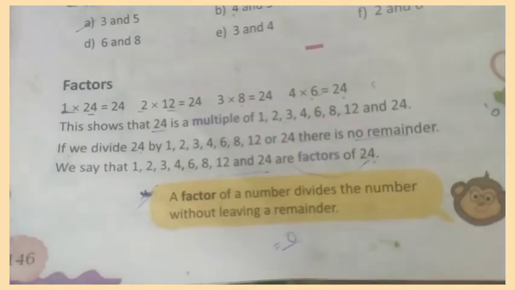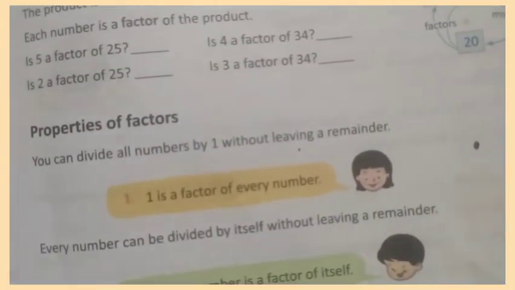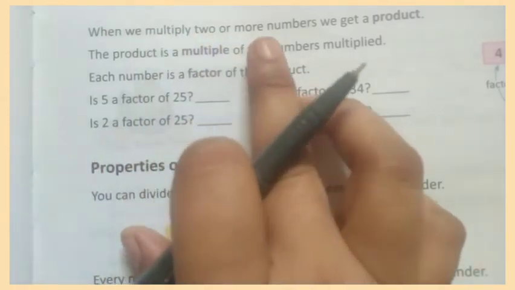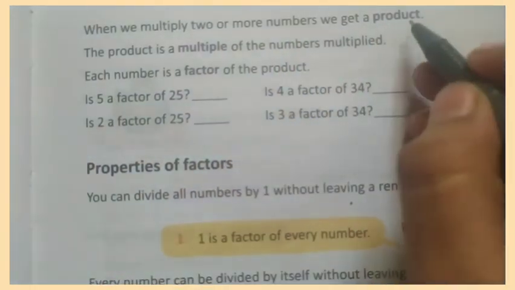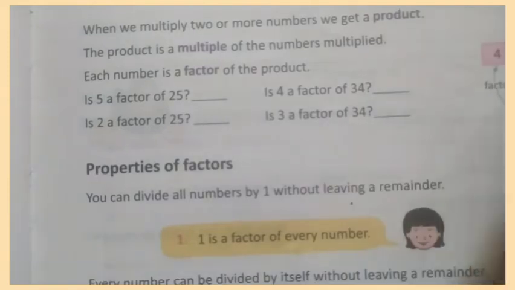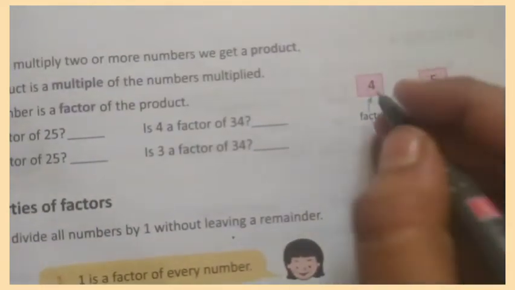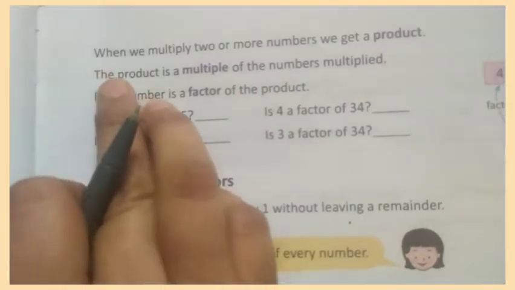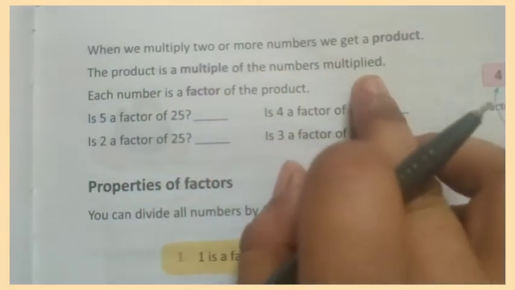Now look at textbook page number 147. When we multiply two or more numbers, we get a product. The product is a multiple of the numbers multiplied.